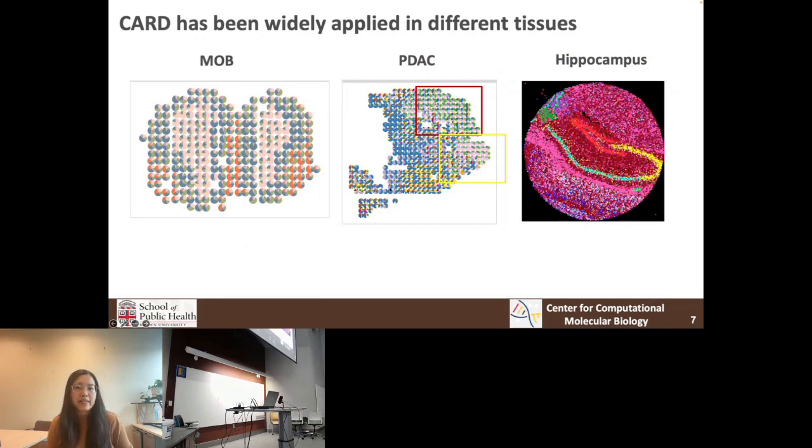We also identified intratumor heterogeneity, finding 2 specific regions enriched by different cancer clone cell types in the pancreatic ductal adenocarcinoma tissue. And we applied CART on the high-resolution hippocampus Slide-seq V2 data, where CART is the method that can clearly identify the 3 subregions of the hippocampus: CA1, CA3, and dentate gyrus.